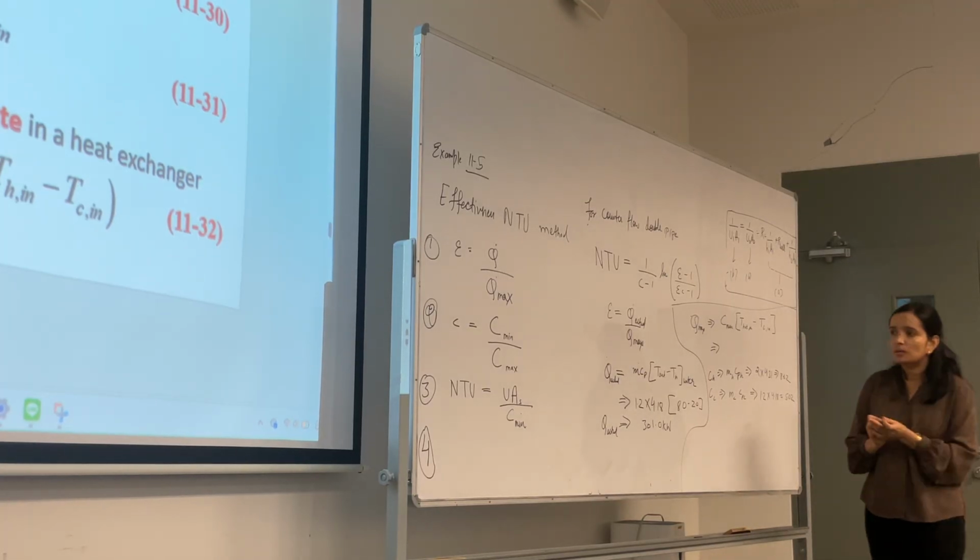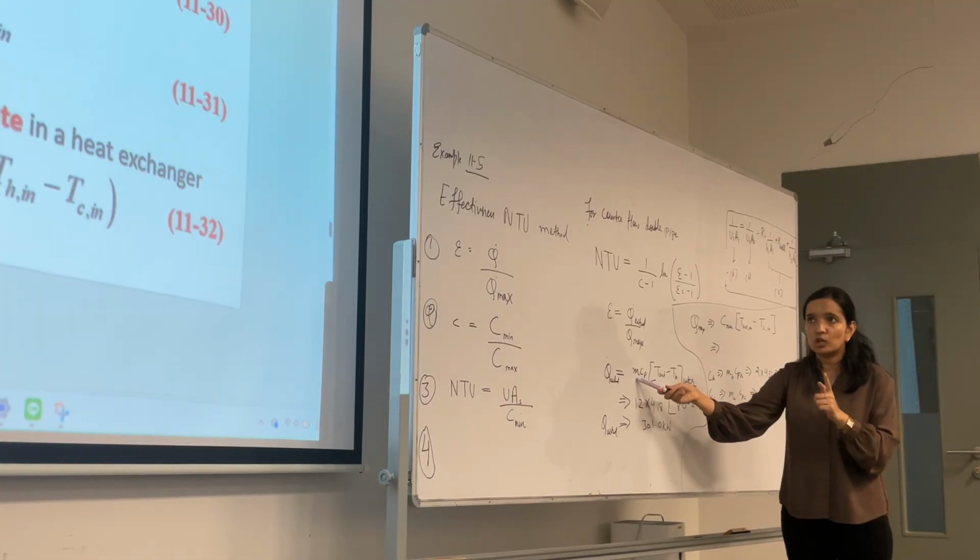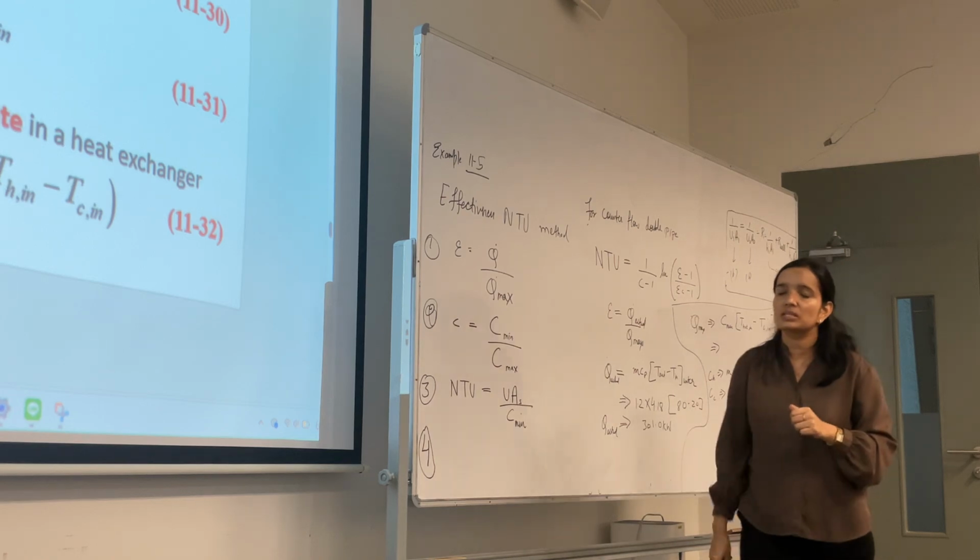So Q actual is for water, right? The mass of the water is given in the question, and Cp is given in the question.